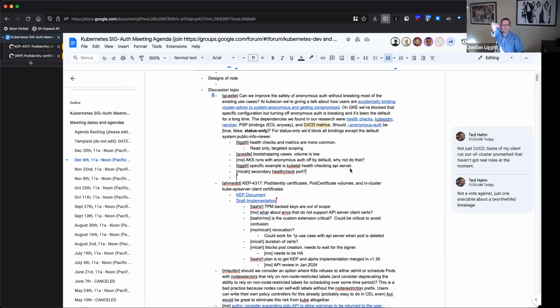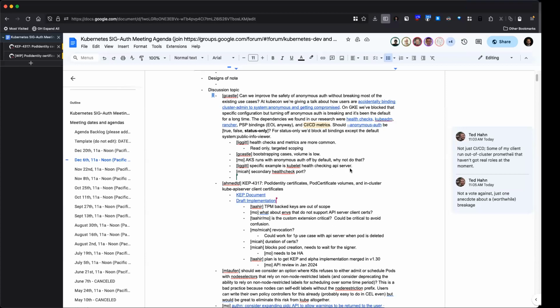It's in the description there. So like status only or something. We could be more specific. We could have it be like here are the 5 things we recognize: healthz, readyz, livez, and metrics. And you can tell us what you want to allow anonymous auth to. And if requests are outside of those things, anonymous auth just doesn't work.